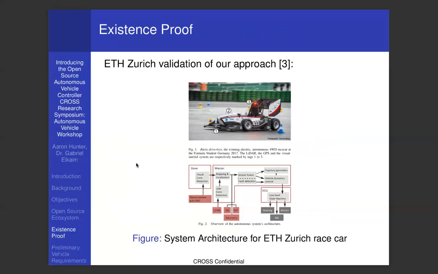To provide sort of an existence proof of our approach, I found this paper from ETH Zurich, published in 2018, of an autonomous race car, pictured in the image in the upper center. Of more interest relative to our proposal is that it actually has three separate modular computing systems.